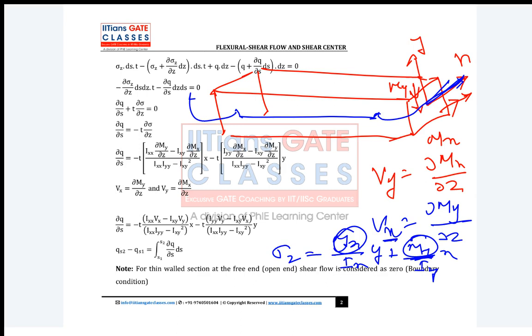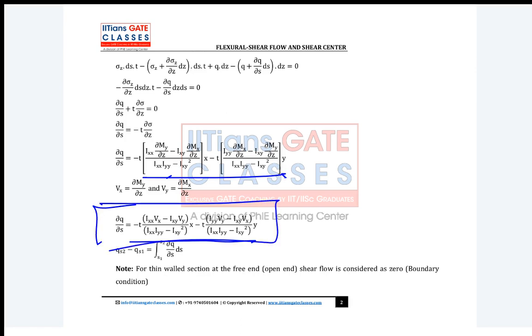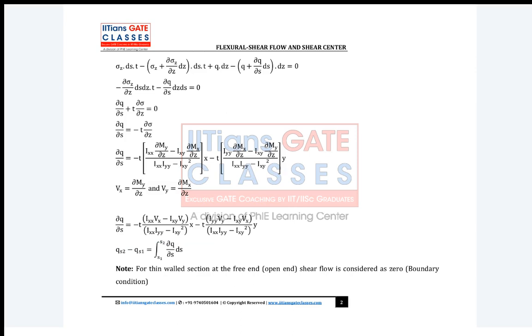This point clear? Okay. Now guys, then substitute Vx and Vy, we get this equation. So this is the rate of change of shear flow, and it is given by this big equation. Now suppose you want shear flow Qs. So what will be Qs? Qs will be dQ by ds into ds, and it needs to be integrated.